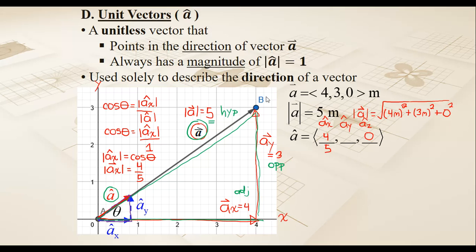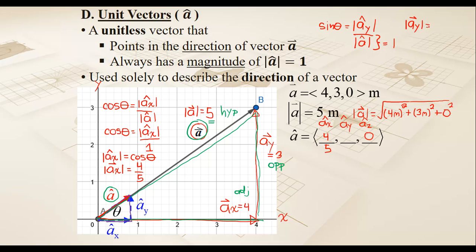Well, how about the y component? The y component would be sine theta, which is equal to the side opposite on the small triangle, the magnitude of the y component of the unit vector, divided by the magnitude of the unit vector itself. Once again, the magnitude of the unit vector is equal to 1.